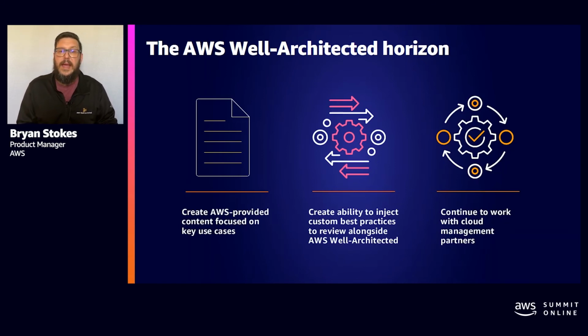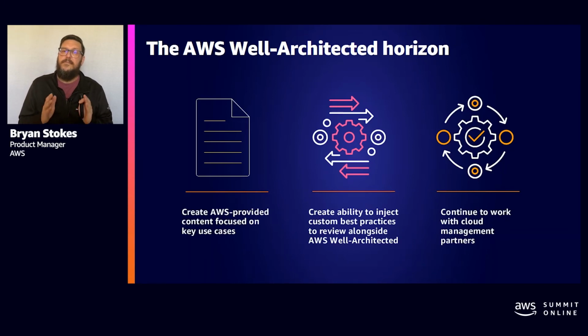So, as we talked about earlier, we launched with a number of great cloud management partners, and we'll continue to work with them and onboard new partners who can help discover and perhaps even remediate certain risks automatically to your architecture.